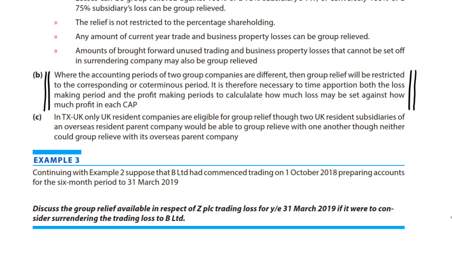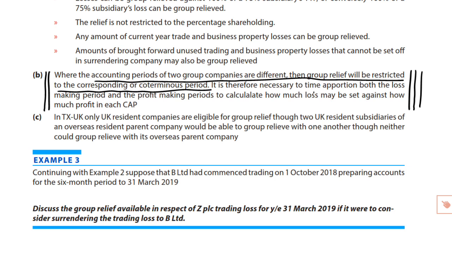Now, what we know is that group relief will only be available in relation to coterminous periods, corresponding accounting periods. We briefly discussed the section that you can see here highlighted. Where the accounting periods of two group companies are different, group relief will be restricted to the part of those accounting periods that correspond, the coterminous periods.